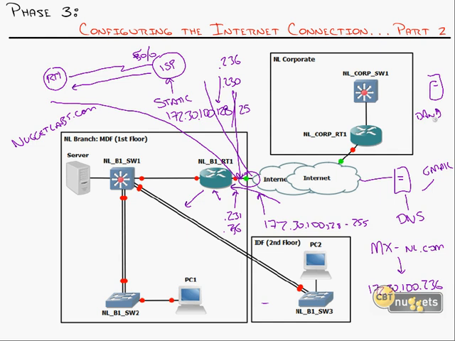Let me look up the MX record for nuggetlabs.com. So it does a DNS lookup. The DNS server replies and says, the mail server for Nugget Labs is right here. Now their email server says, let me send the email for Dan at nuggetlabs.com to that IP address, which is now going to hit router 1. And then router 1 is going to NAT that in to the server once we're done with our configuration.